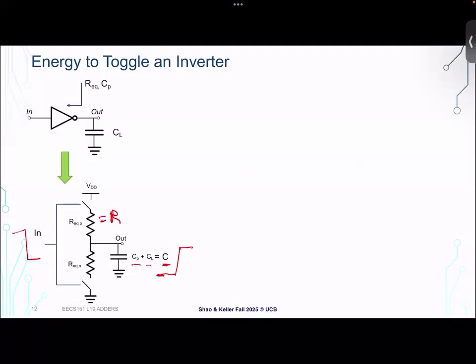So to derive the energy consumption of an inverter, we need 3 facts. Hopefully none of these facts will be particularly controversial. So first of all, you recall from high school physics that power is equal to voltage times current. Second, to formalize what I said earlier about power versus energy, we know that energy is the integral of power over time.